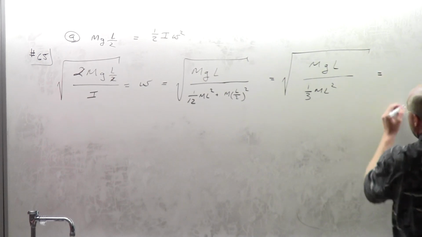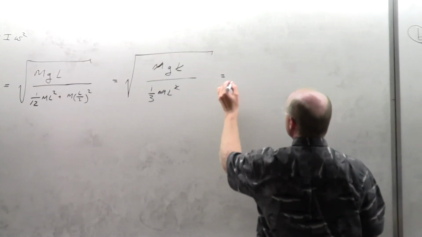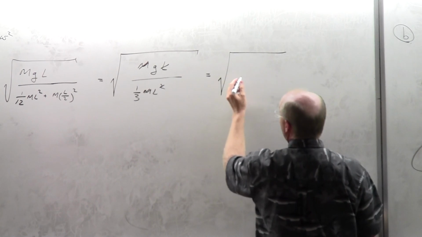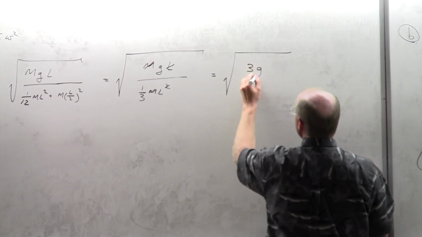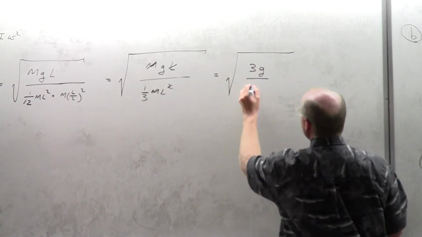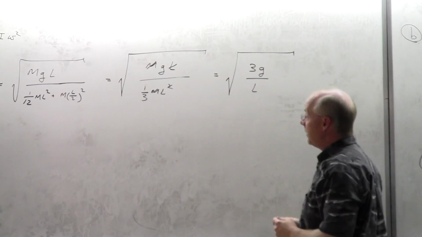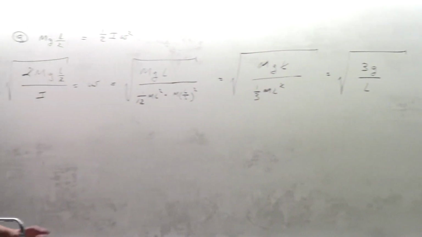Well, once you do that, then you can see how one of these L's cancels off, this M cancels off, and so the final part of A anyway, omega equals the square root of 3g over L. And so that would be the angular speed at that point.